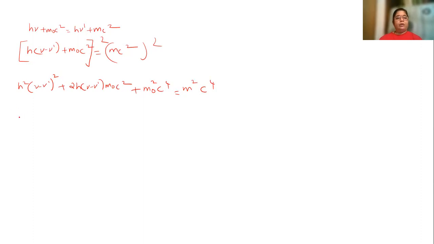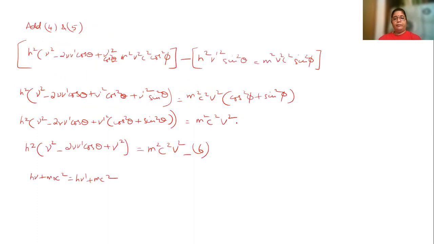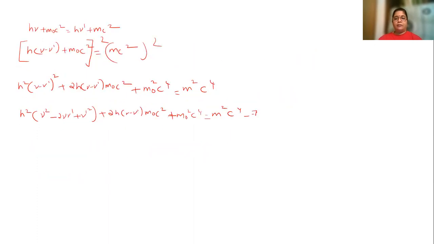Now we have to again square this: h square nu square minus 2 nu nu dash plus nu dash square plus 2h nu minus nu dash m naught c square plus m naught square c power 4 is equal to m square c power 4. This I shall call equation 7.